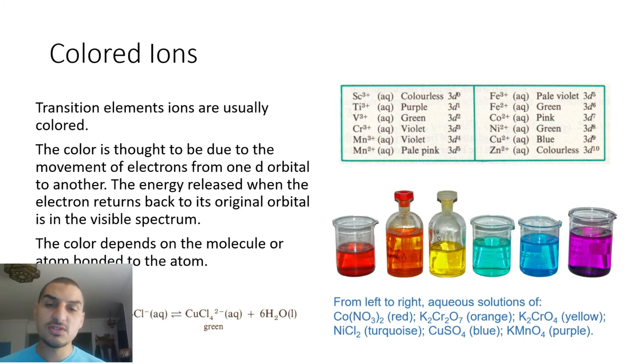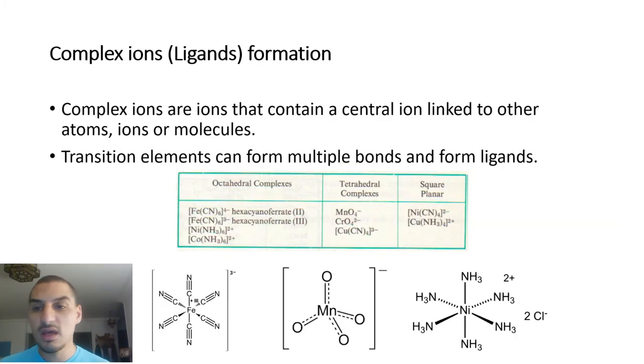And this energy released by the electron is in the visible region, or the wavelength is in the visible range, which makes it visible for us, and the color changes as the electron moves to a different place, and the different wavelengths are translated into different colors, as we see here. And that's why manganese 3 plus will have a different color than manganese 2 plus, because the electrons in this case are different from the electrons in the other.